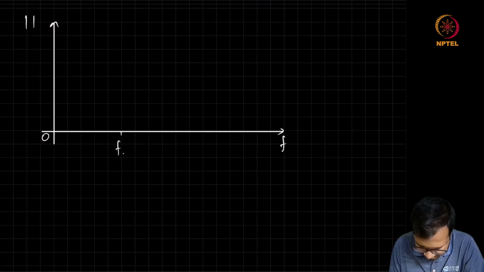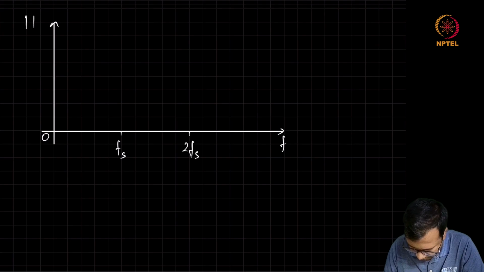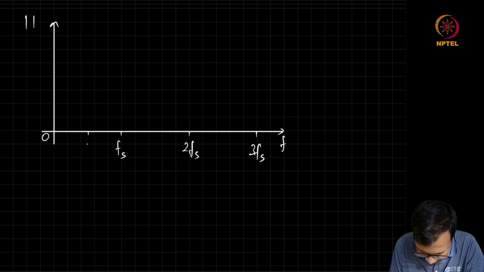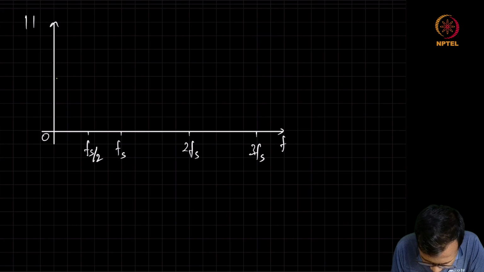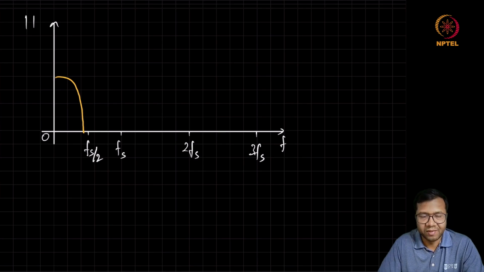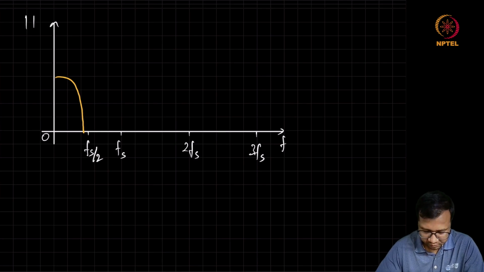So let's say this is Fs, 3Fs, here is the Fs by 2. So the digital data is going to occupy some spectrum, let's say, which is till Fs by 2. So here we are showing the single-sided spectrum.